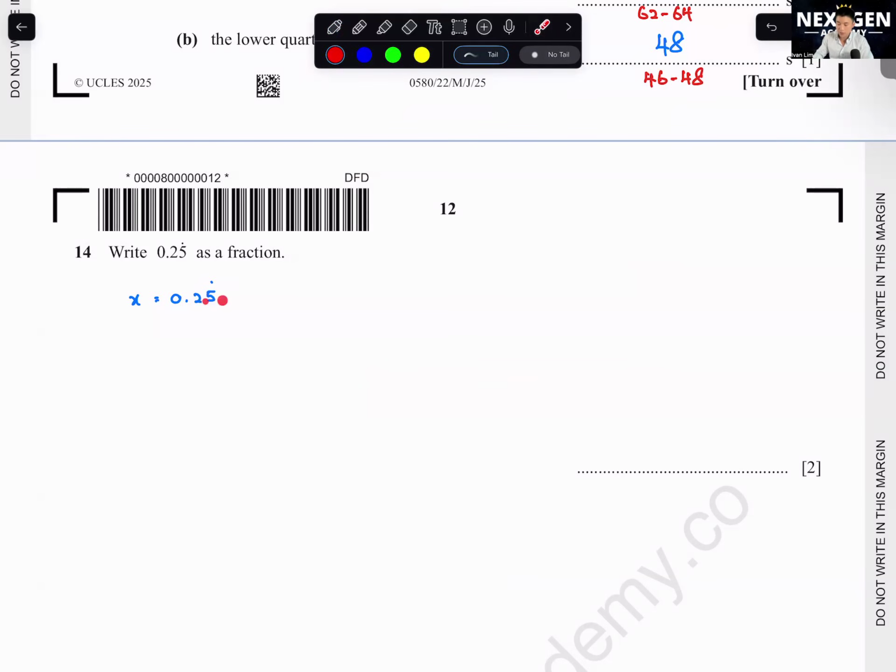The second value is after the last recurring digit. So the two values I want will be 10x equals 2.5 recurring, which is my first value. Then my second value is 100x equals 25.5 recurring.